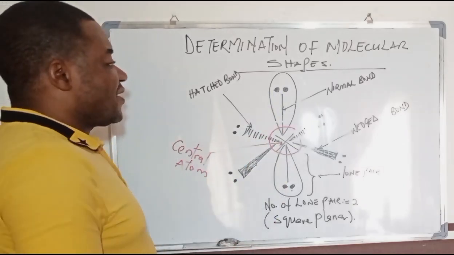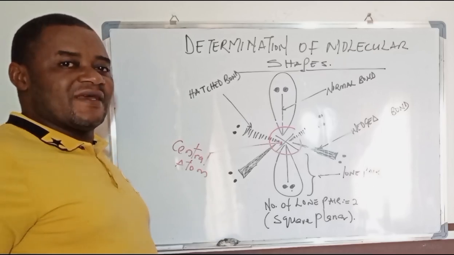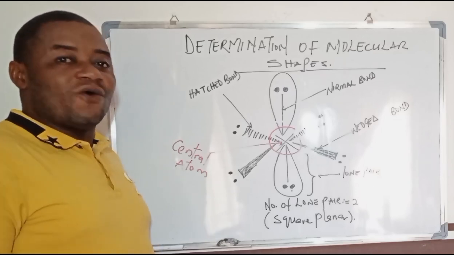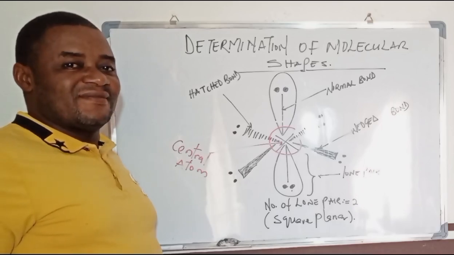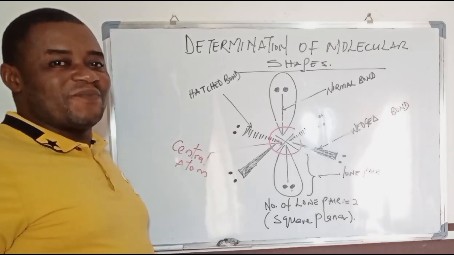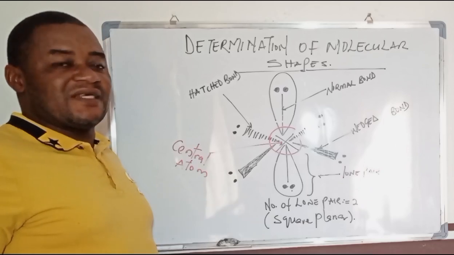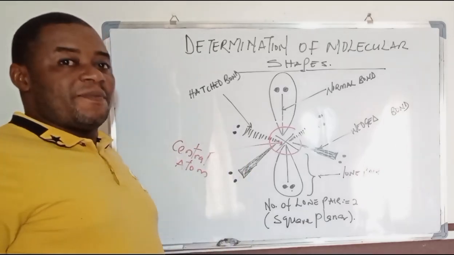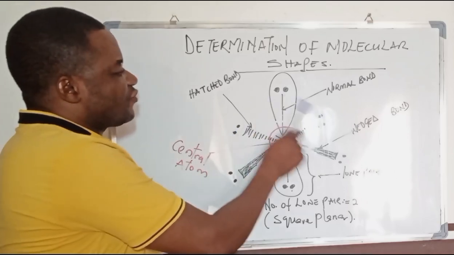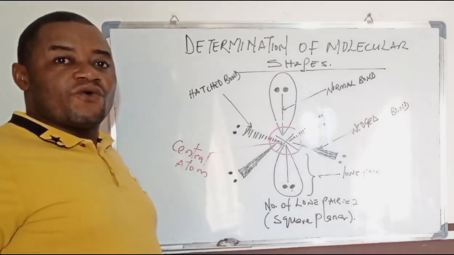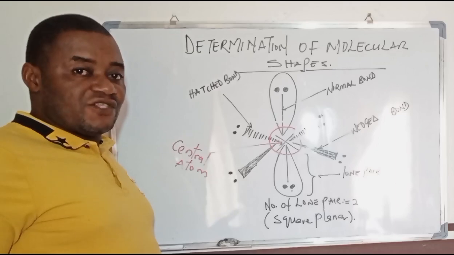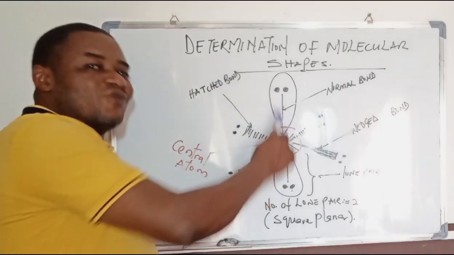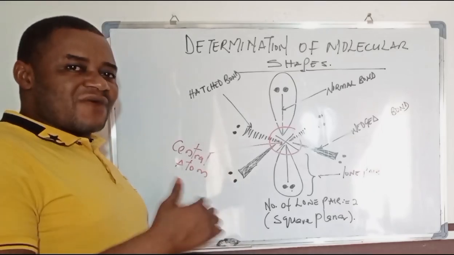Now, these electron pairs are always either bonding pairs or lone pairs. When they are bonding pairs, it means that these particular electron pairs have bonded themselves with the central metal atom and another atom around the central metal atom.